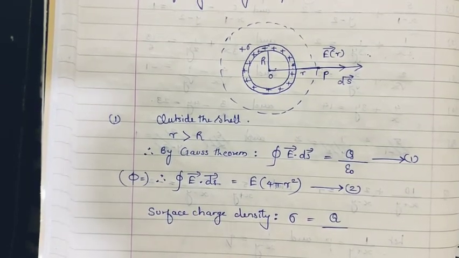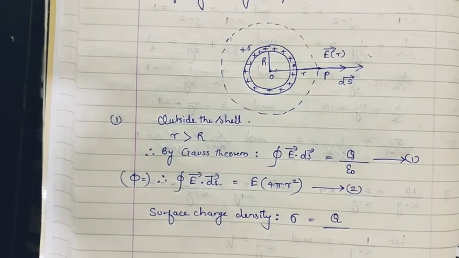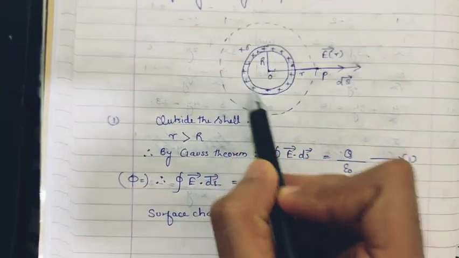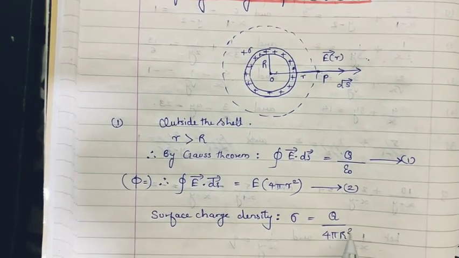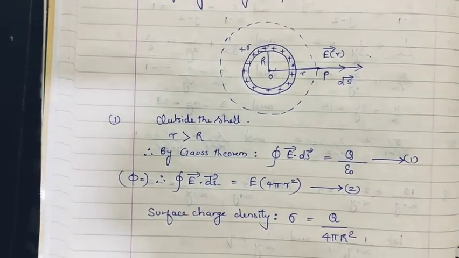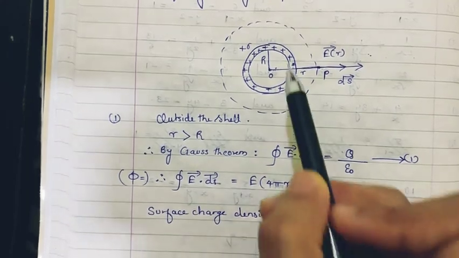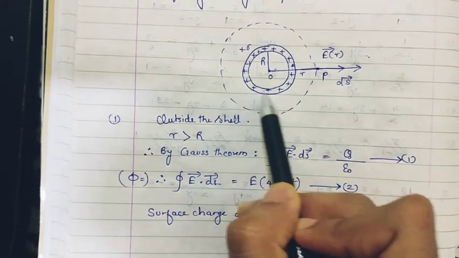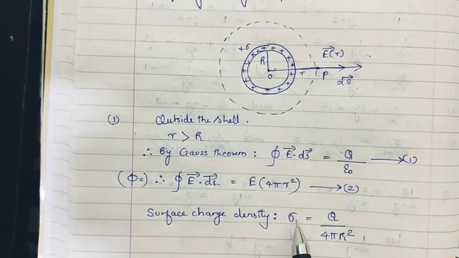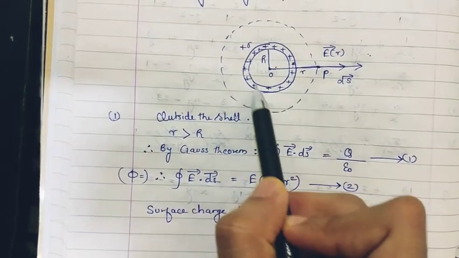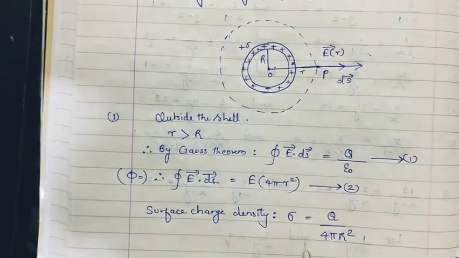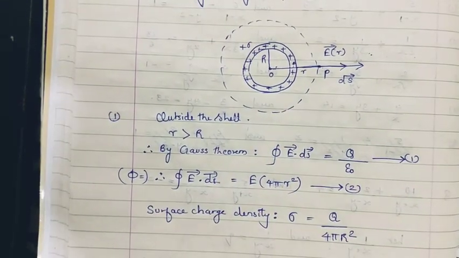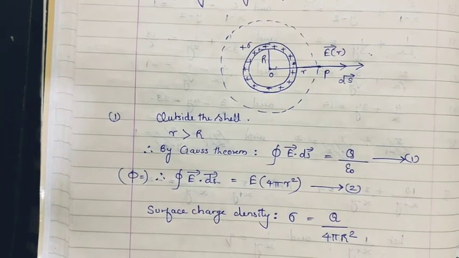So what is going to be the total surface area over here? The total surface area is going to be 4 pi capital R square. Why capital R? Because it is the radius of this spherical shell, because we are finding the surface charge density for this shell. Correct? So we will be considering the area of the shell. This is the difference we have to note over here.